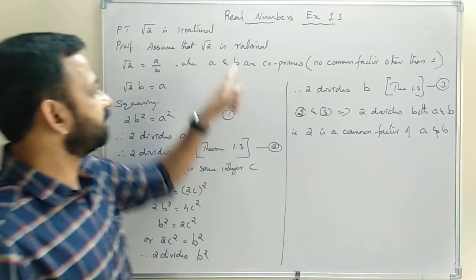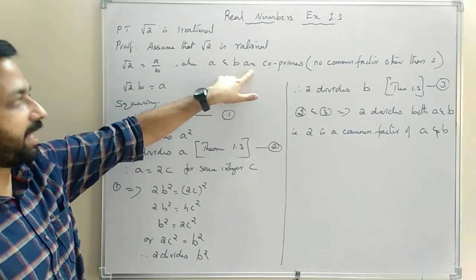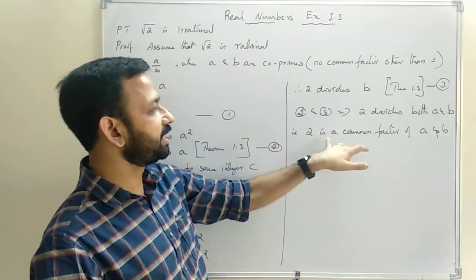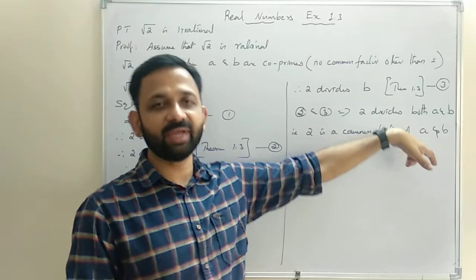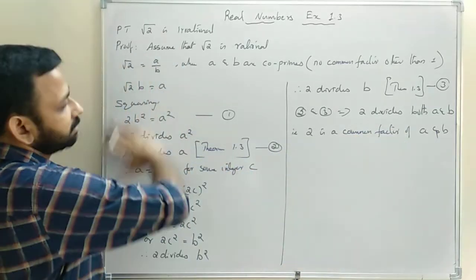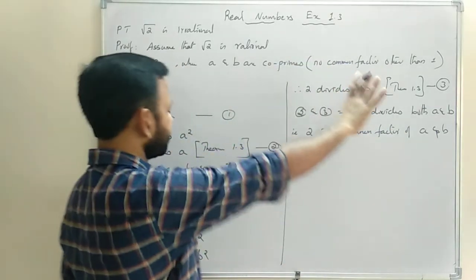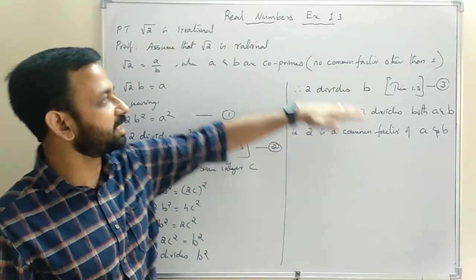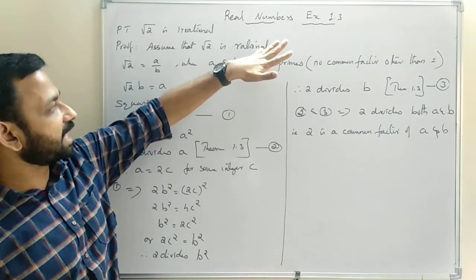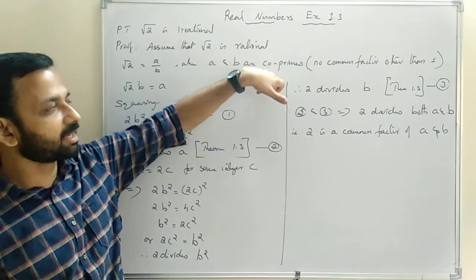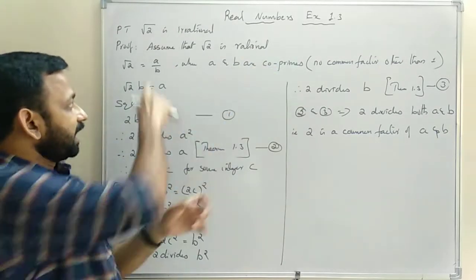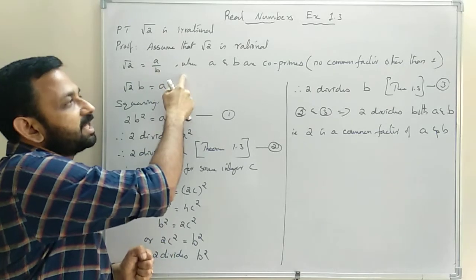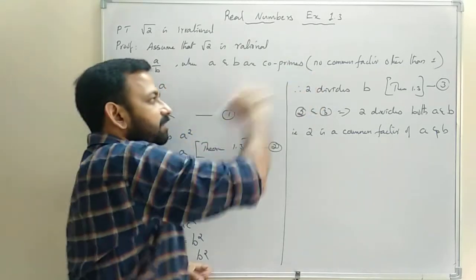But here it is given that a and b are co-primes, that means no common factor other than 1. But we got 2 as a common factor of a and b. All these steps are mathematically correct, there is no mistake, but we have a contradiction. We started with a rational number with a and b co-primes, that is, a by b in simplified form, so they do not have any common factor other than 1.